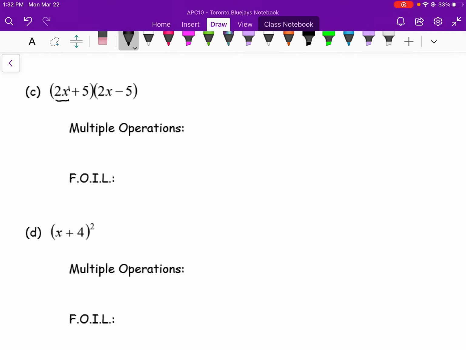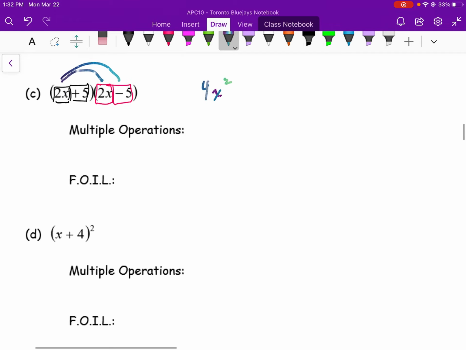What I'm going to do is, like polynomials, I'm just going to treat these in blocks like this. So 2x times 2x, 2x times negative 5. So 2x times 2x is 4x squared. 2x times negative 5 is negative 10x. 5 times 2x is 10x. 5 times negative 5 is negative 25.